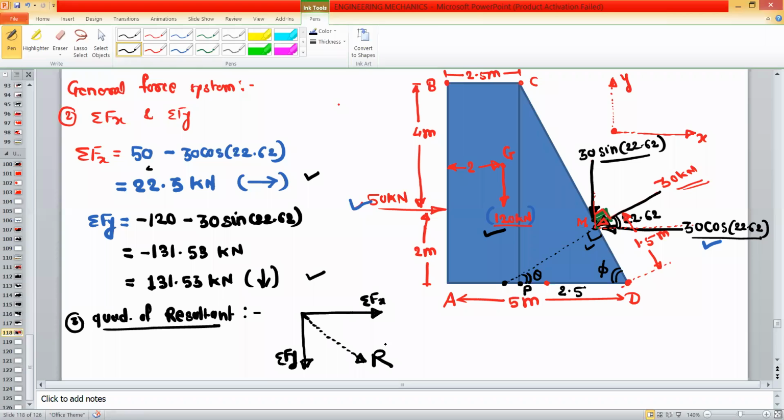So this is the resultant. So basically, what is meaning of summation Fx and summation Fy? These are the X components and the Y components for the resultant. Okay. So we can represent this summation Fx as the Rx, that is the X component of resultant. And summation Fy is called the Y component of resultant, that is Ry.